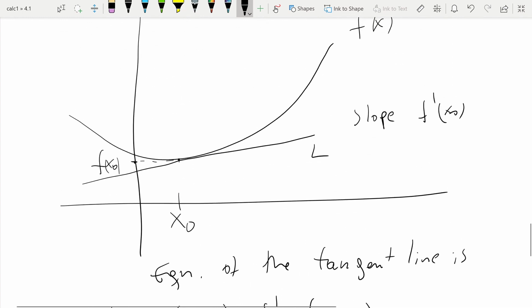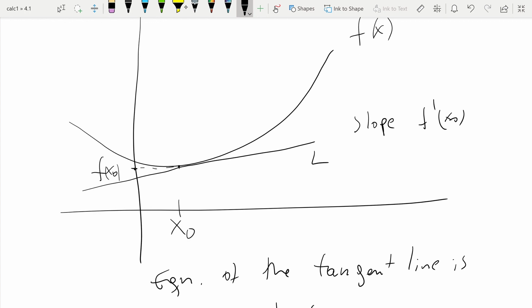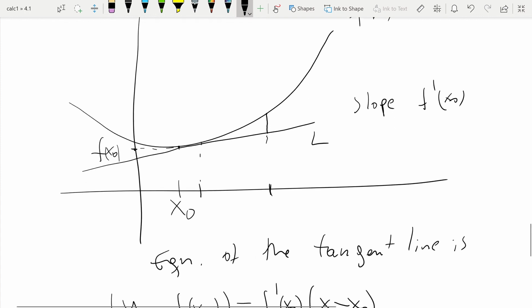You see that the tangent line, when you're really close to x0, the linear function L takes values that are really close to the actual value of f. But as you move away from the point x0, and you consider a point that is far apart, you see that the gap between the actual value of f and the value predicted by L gets bigger.